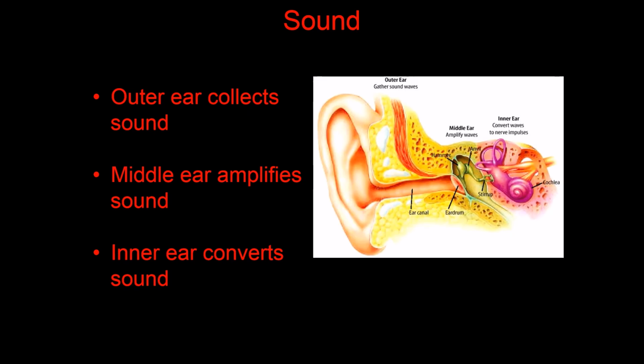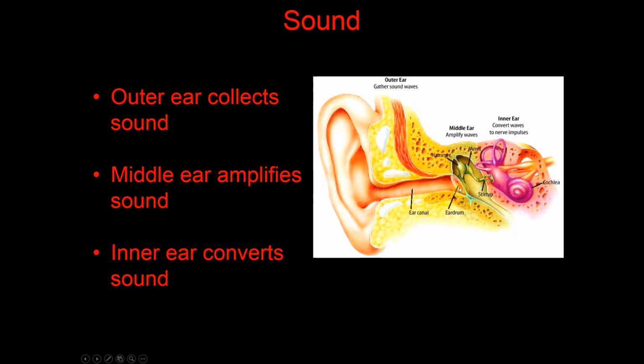When we're talking about the human ear, remember we're looking at sound waves coming in, hitting the human ear, which is shaped to focus sound waves. It gathers sound waves and puts them through the ear canal, where the eardrum will be vibrated in and out.